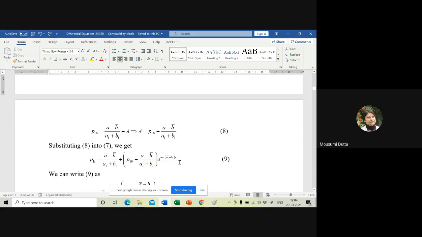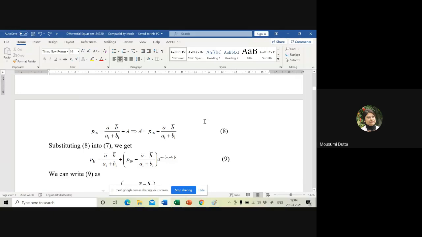Would you please clarify once again? Ma'am, when the second term will move towards 0, that I am asking. Ma'am, P1 alpha A1 plus B1 greater than 0. Alpha A1 plus B1 greater than 0.